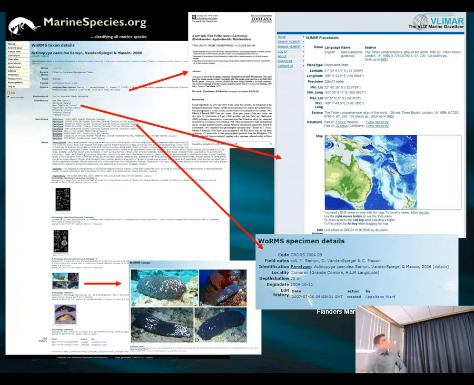So not only were more and more taxa being added, but also more and more types of information were being added to the register.